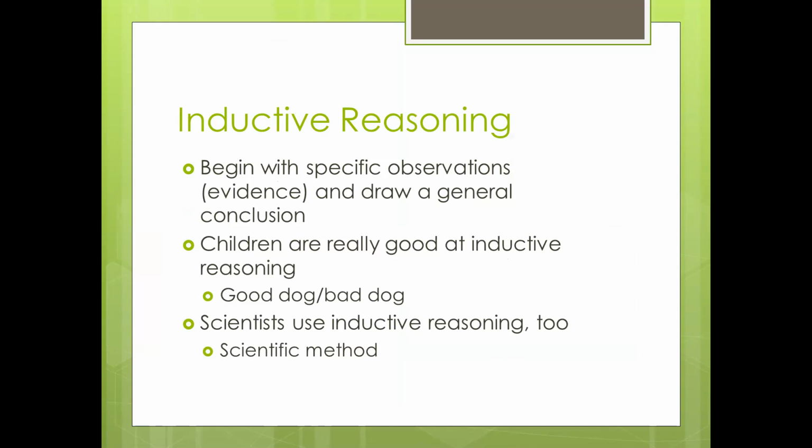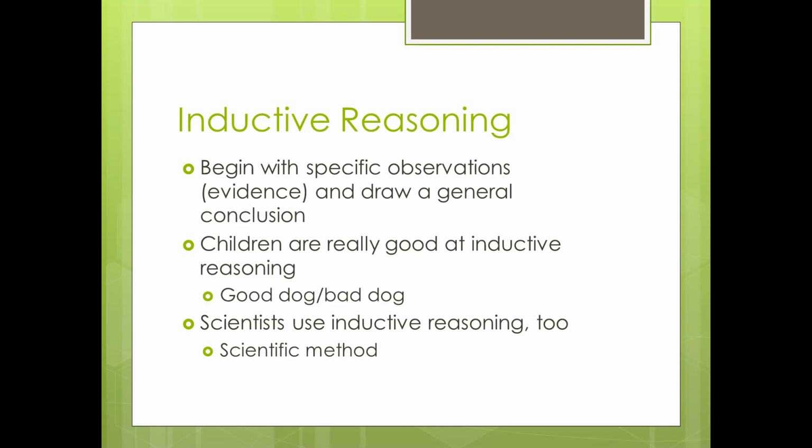Children are very typically good users of inductive reasoning. And the good dog, bad dog analogy is a great version of how to comprehend this. Because if a child has mostly good interactions with dogs, they're going to operate under the premise that all dogs are good, or all dogs are nice.